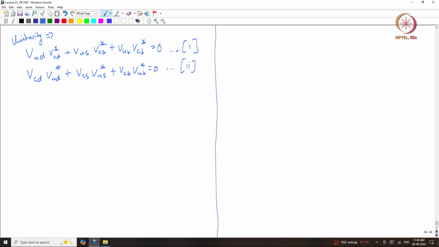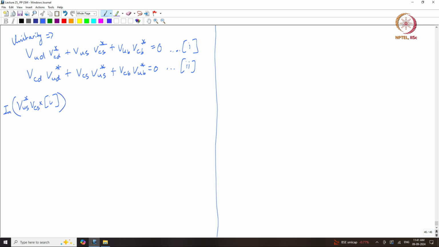Now, what I am going to do is take equation 1, multiply it with VUS star VCS, and not only that, I am going to take the imaginary part of that.